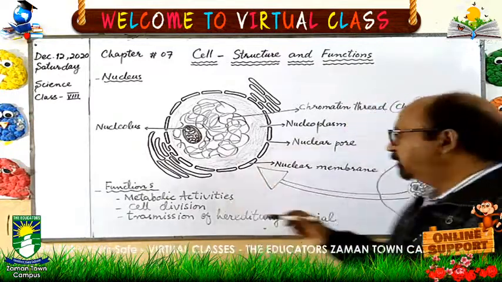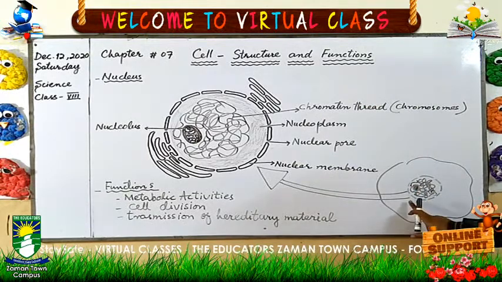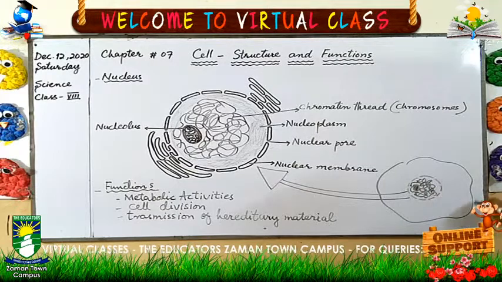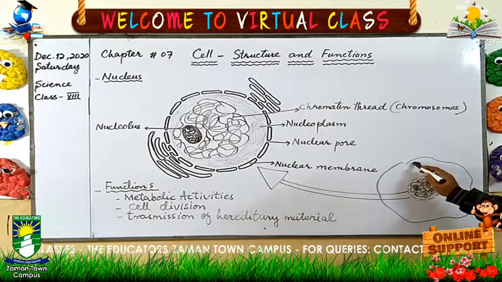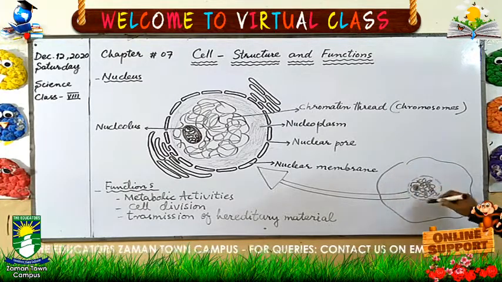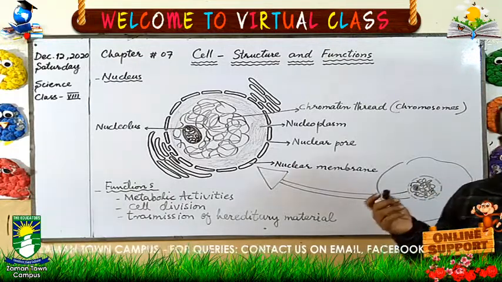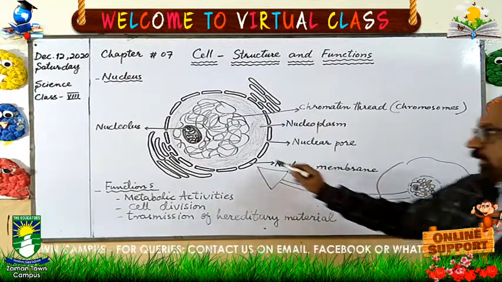For example, if this is the animal cell and all the organelles are present in it, this is the cell membrane, and this portion except the nucleus is called cytoplasm, and this one is the nucleus. Today we are going to discuss the nucleus, which is this one.